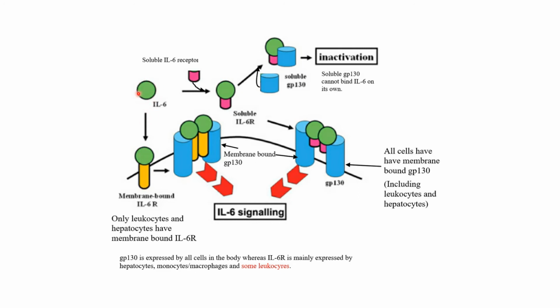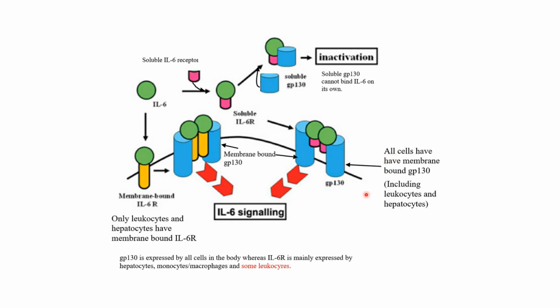Free IL-6, I must point out, IL-6 itself on its own, alone, not holding hands with anybody, just by itself, comes and binds this membrane receptor. This then joins up with membrane-bound GP130, then there is signal transduction.